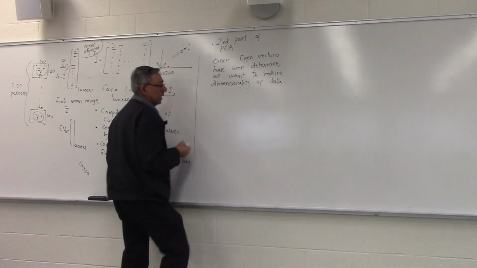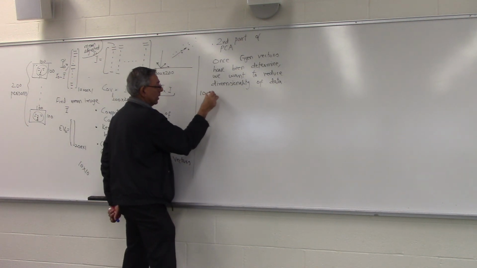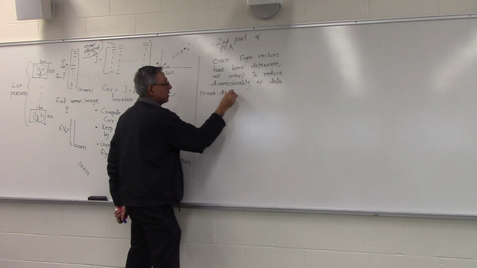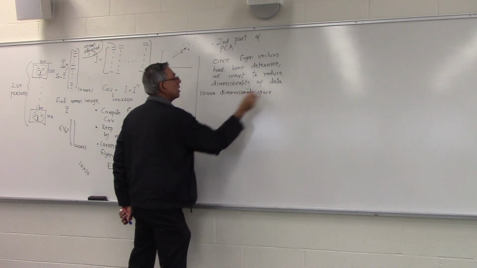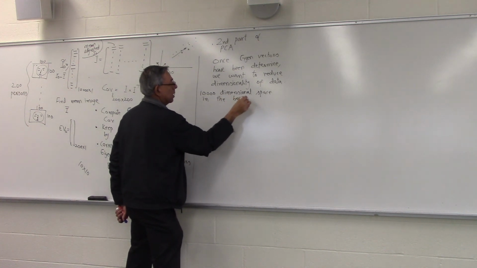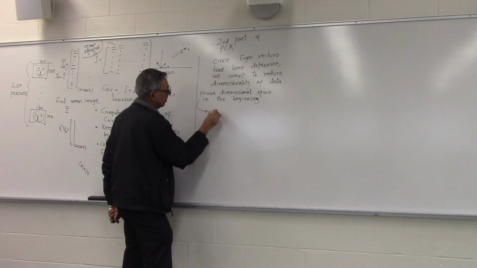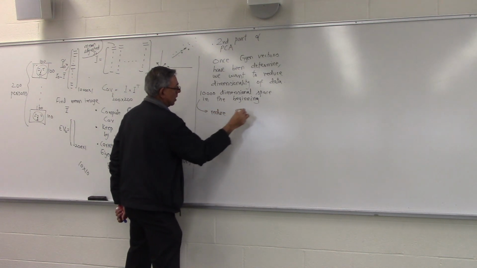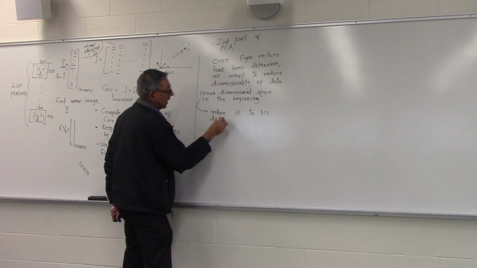Because in the beginning, in our example, our data was in a 10,000 dimensional space, correct? In the beginning. We want to reduce it to 30 dimensions as an example.